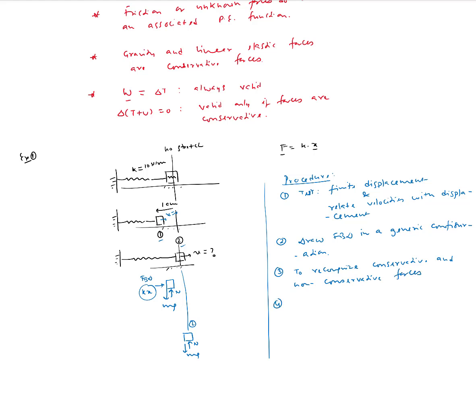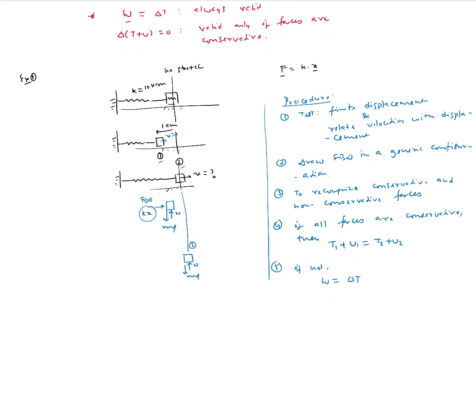If all forces are conservative, then you can apply the mechanical energy conservation principle. If not, then you go back to using your general work energy relationship, which is W equal to delta T. That's always valid. So now let's apply this procedure to this problem that we are solving.